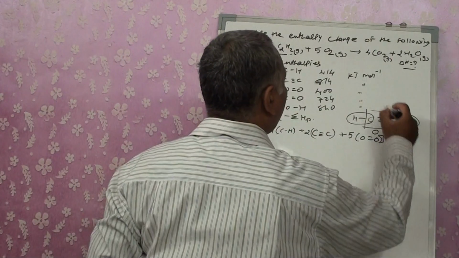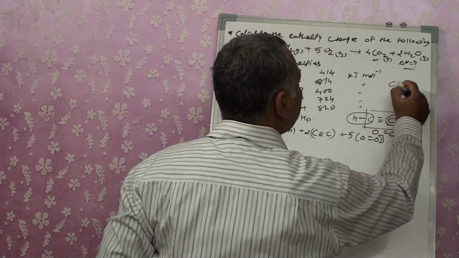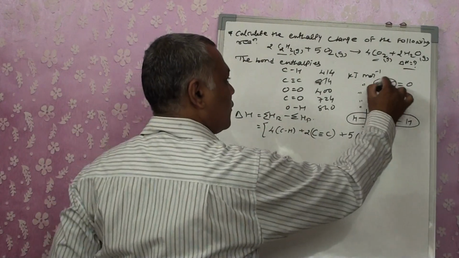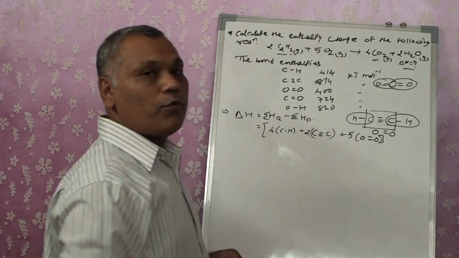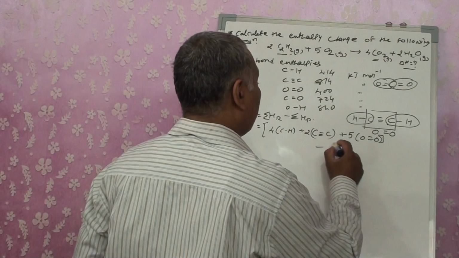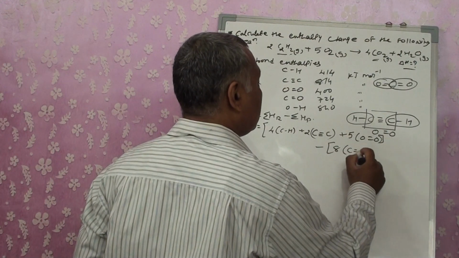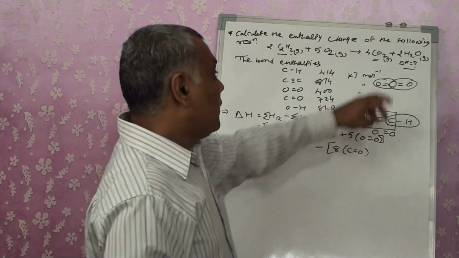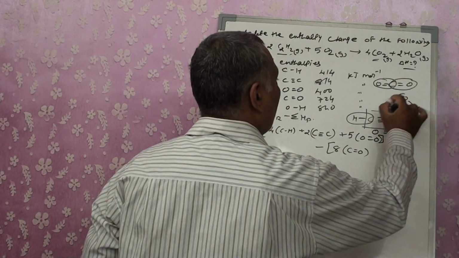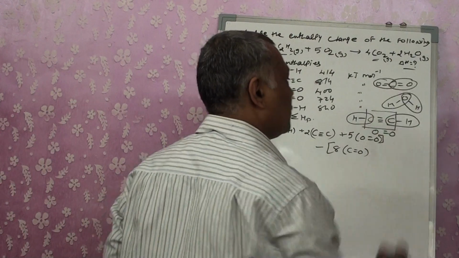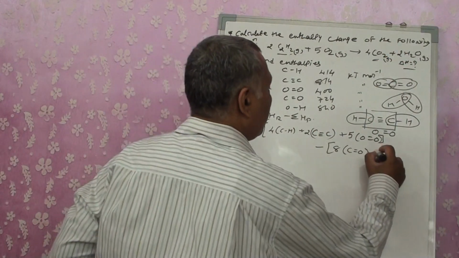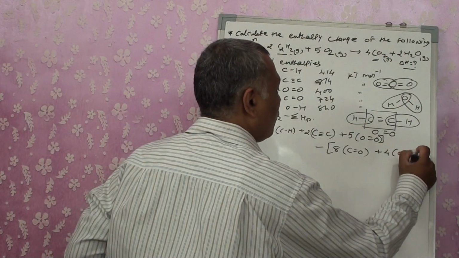Similarly, for CO2, the structure is O double bond C double bond O. It shows that there are 2 C double bond O, and there are 4 molecules, so we have 8 C double bond O. Similarly, H2O has one O-H, another O-H, so a total of 2 O-H groups, into 2, that means 4 O-H.